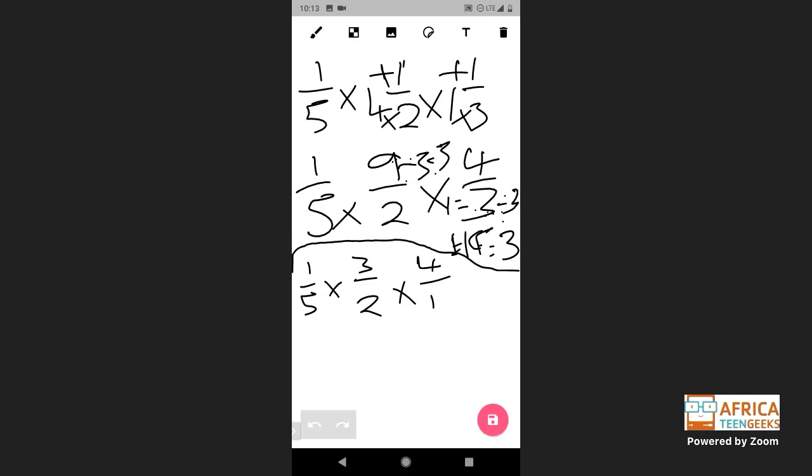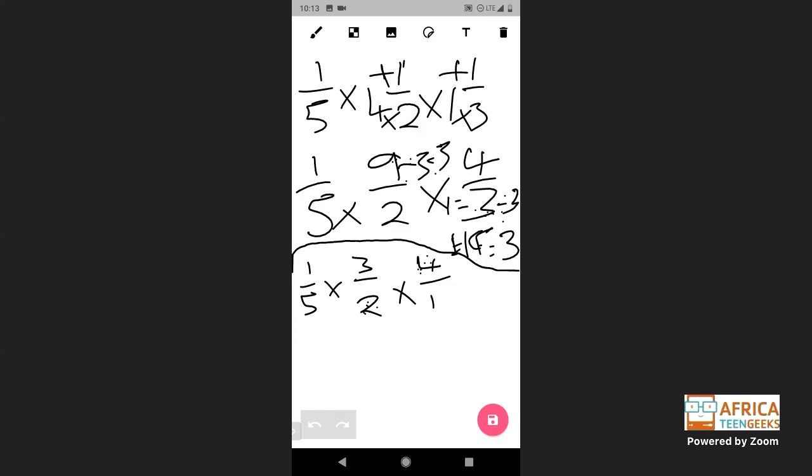Let's underline here. Okay, so again, guys, you can see that we can also simplify some of the numbers right here. Which one can we simplify? Yes, we can simplify 2 and 4 because they are opposite. 2 is opposite to 4, and 4 is opposite to 2. What is the highest common factor for 4 and 2?